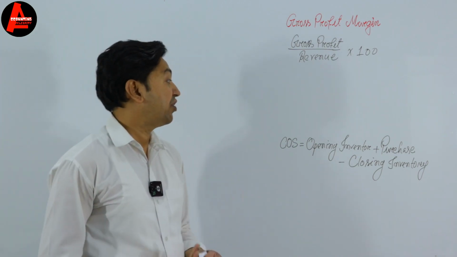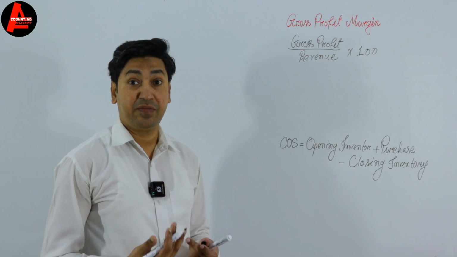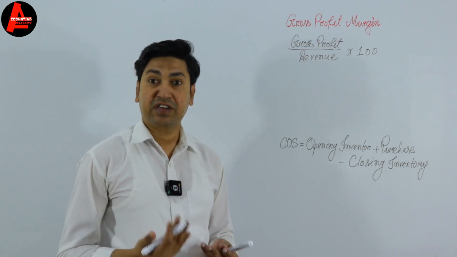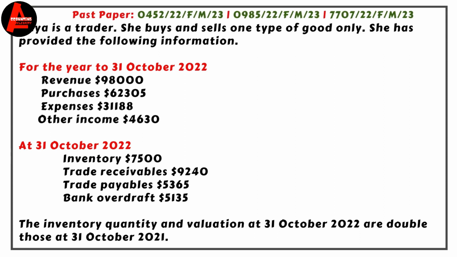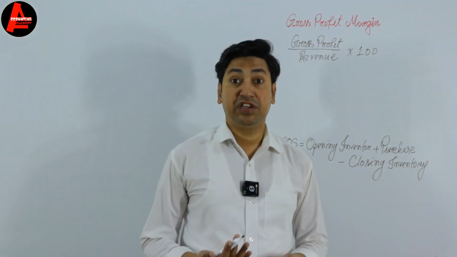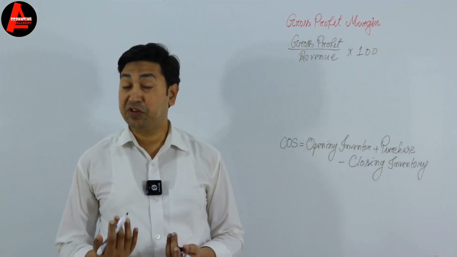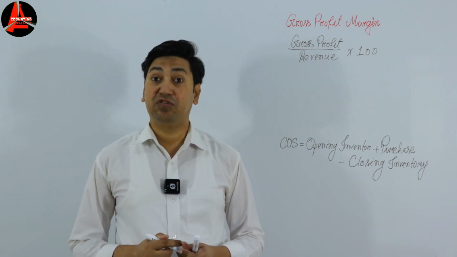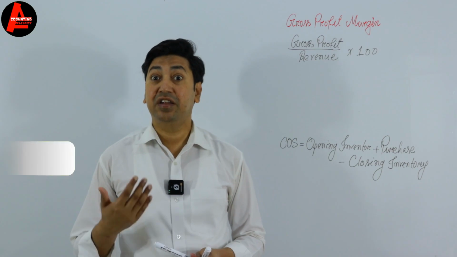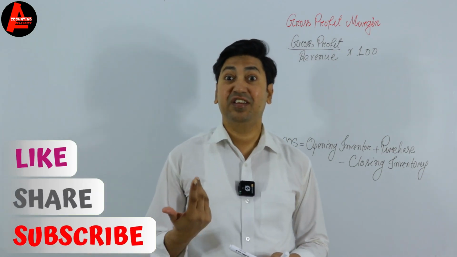Opening inventory is not given clearly on the question, so we need to calculate it. The inventory quantity and valuation at 31st October 2022 are double those of 31st October 2021. At 31st October 2022, we have closing inventory of $7,500, which was double that at 31st October 2021.